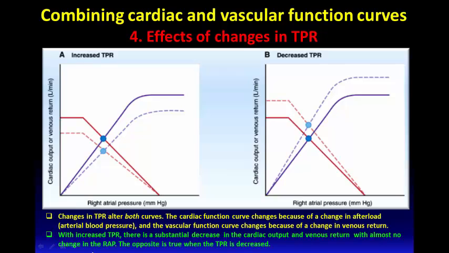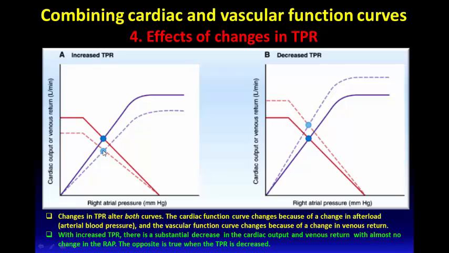Thus, with increased total peripheral resistance, here we have the cardiac function curve shifted down, or shifted clockwise, and here we have the vascular function curve also shifted down, and now this is the new equilibrium point when there is an increase in the total peripheral resistance.